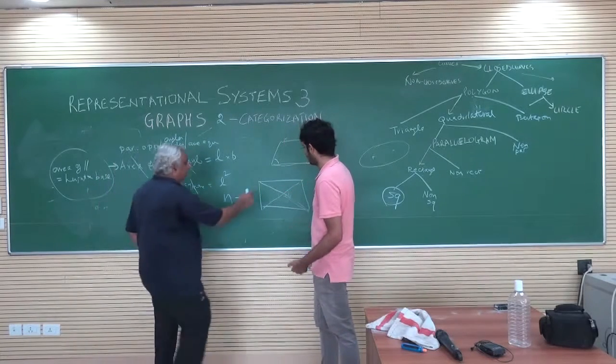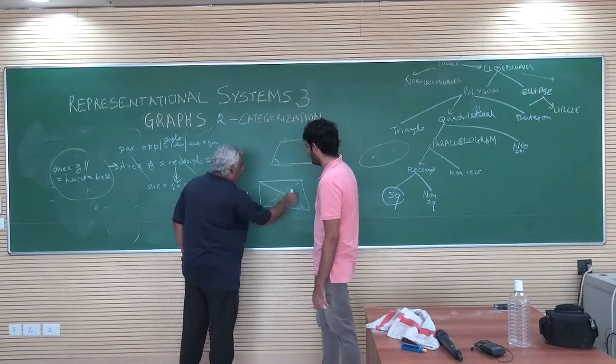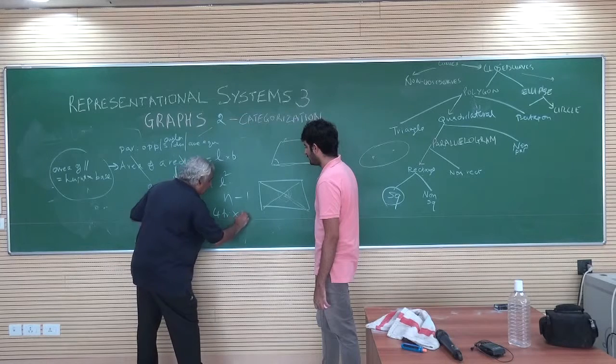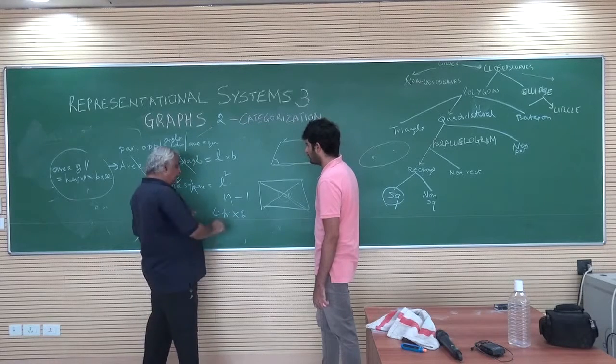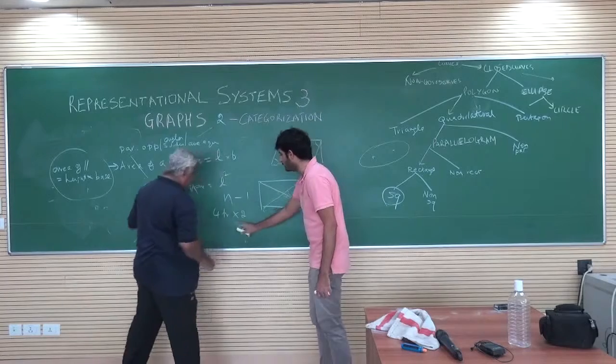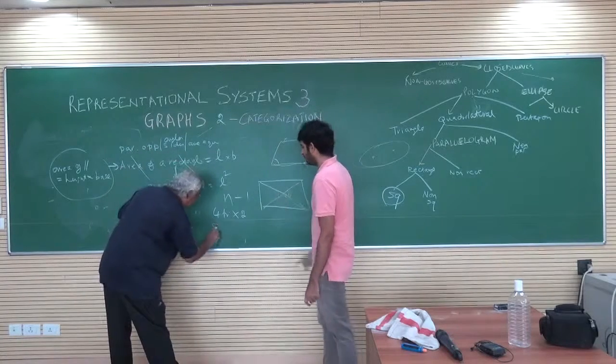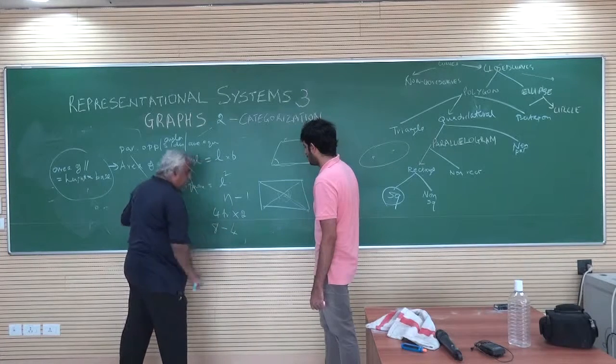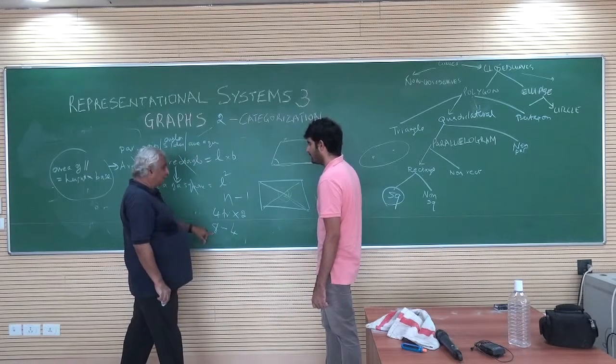There are 4 triangles, and that means 4 triangles multiplied by 2 right angles, so 8 right angles. Minus 4 right angles, so you get 4 right angles.